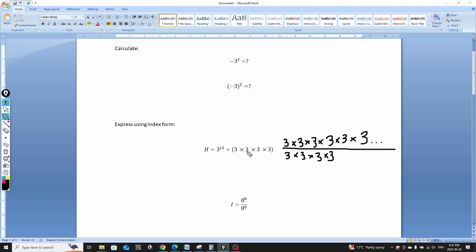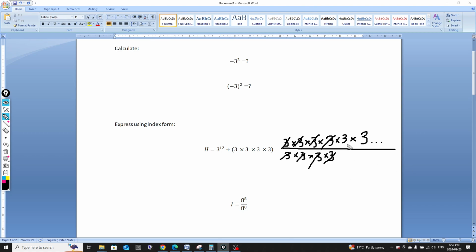So I've got 3 times itself 12 times in the numerator, and 3 times itself 4 times in the denominator. What I can do is cross some of these out. I can cancel some of these 3's out with each other, and that's exactly what you do. Then there you go, you're done.